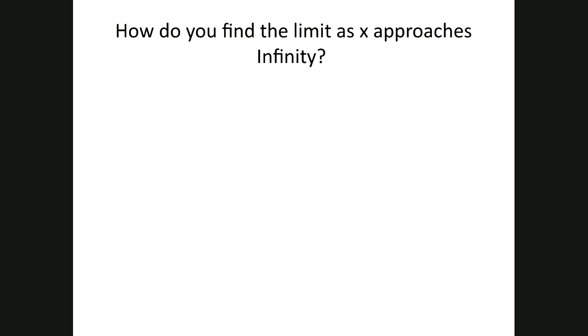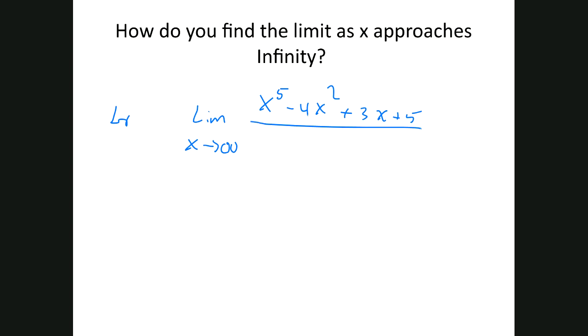The limit as x approaches infinity of x to the fifth minus 4x squared plus 3x plus 5 all over x to the fourth minus 2x to the third plus 4x minus 6.